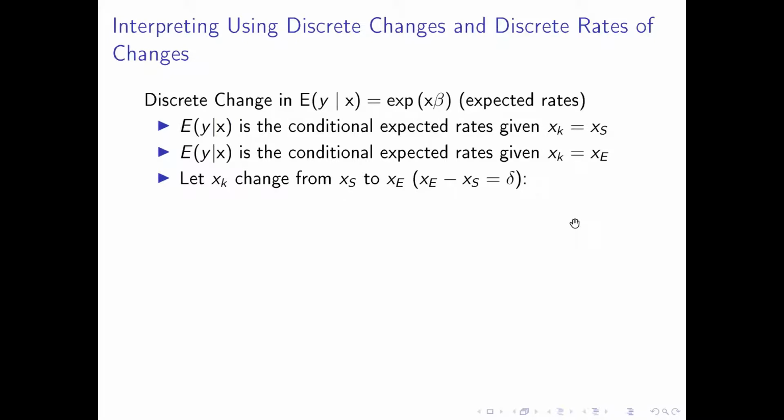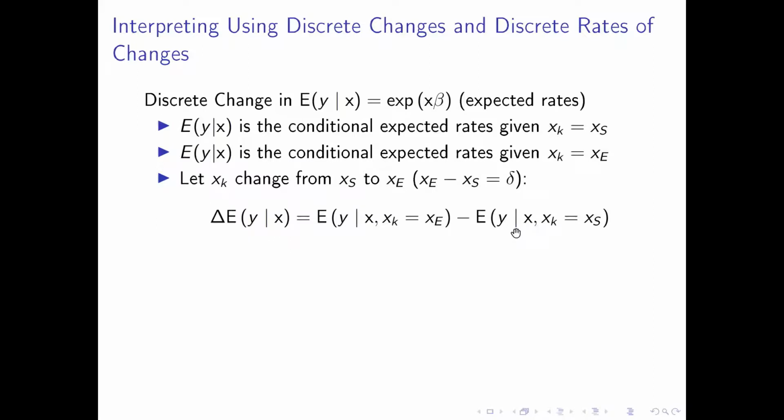And let xk change from xk subscript s to xk subscript e, starting value to ending value. And the difference in xk, x subscript e minus xk subscript s, is delta.